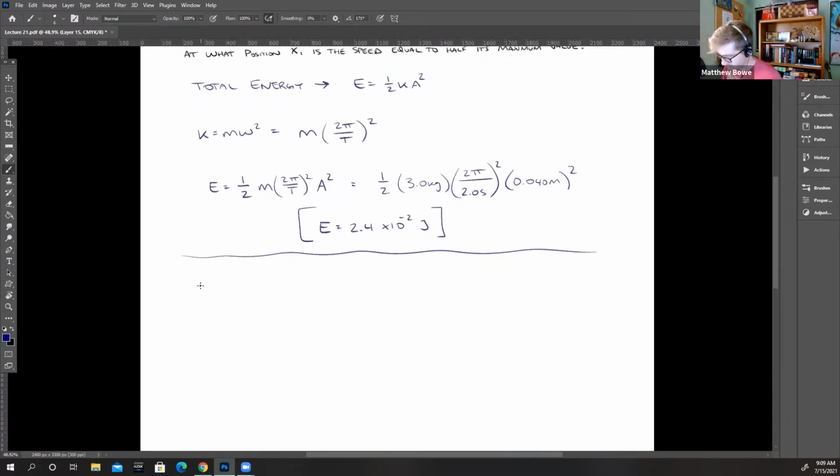So that would also be the maximum. We can phrase it like E equals U plus K again, with U equals 0.